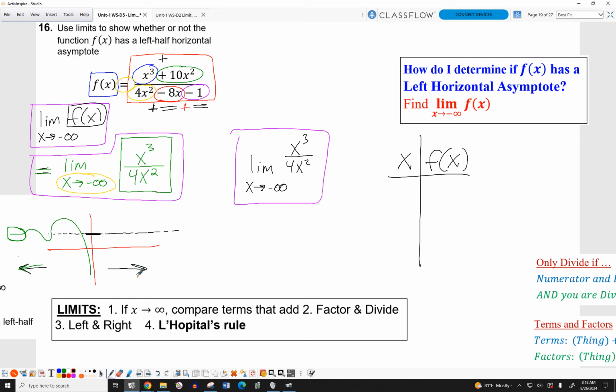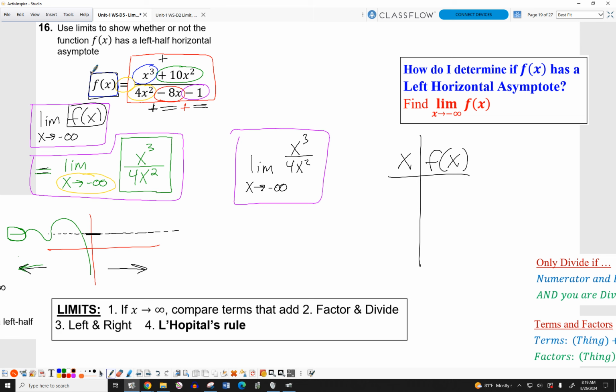But if it says left horizontal asymptote, then you just go negative, right? Right. Here's where your thinking should begin, Kate. They gave you a formula called F. Your thinking should begin with, hey, that's a list of xy pairs, lots of different ones. I don't know what I'm supposed to do with them yet.